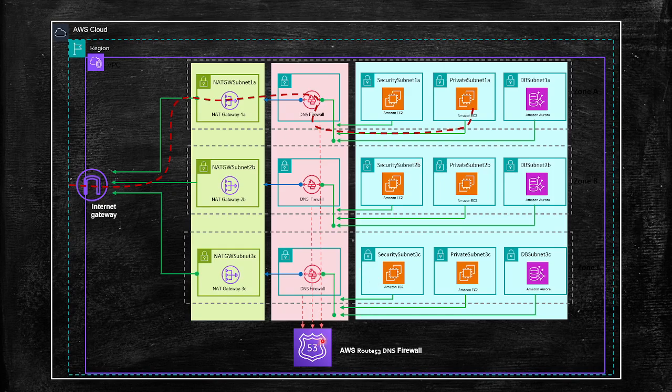There is a service called query logging in AWS Route 53. It logs each and every request and domain name with a source IP and a port number. It's very useful for incident response and troubleshooting.